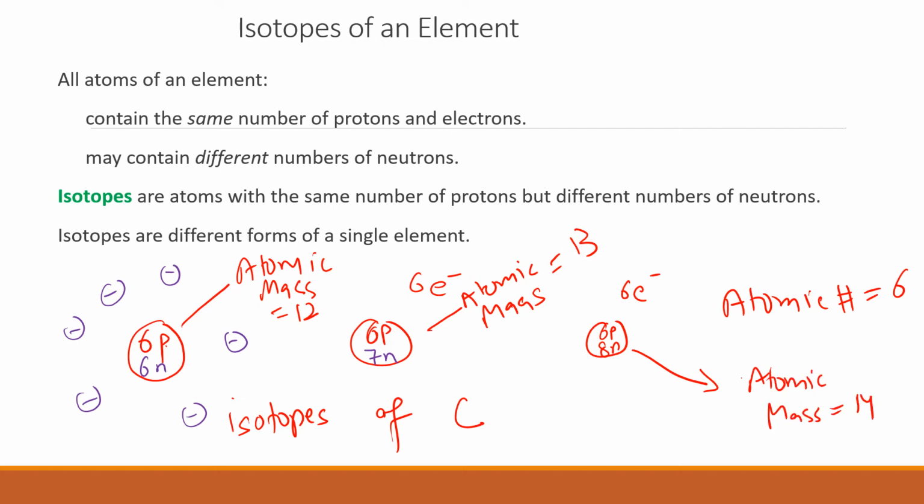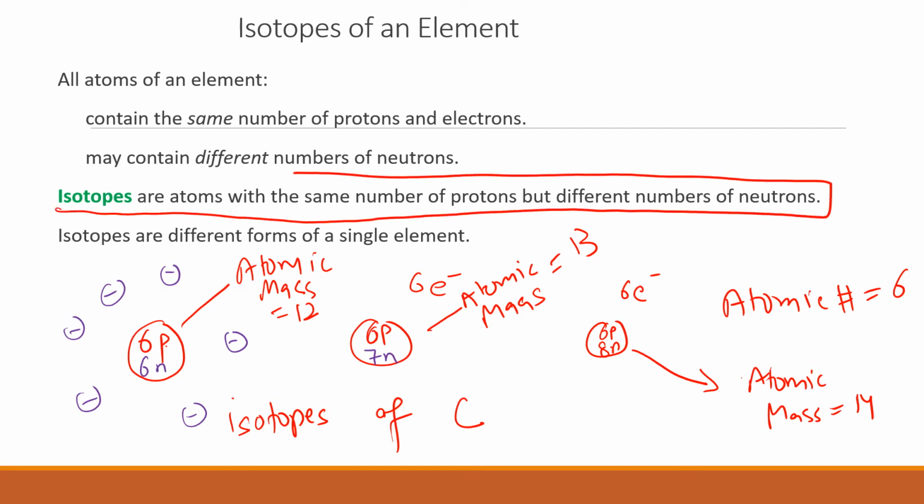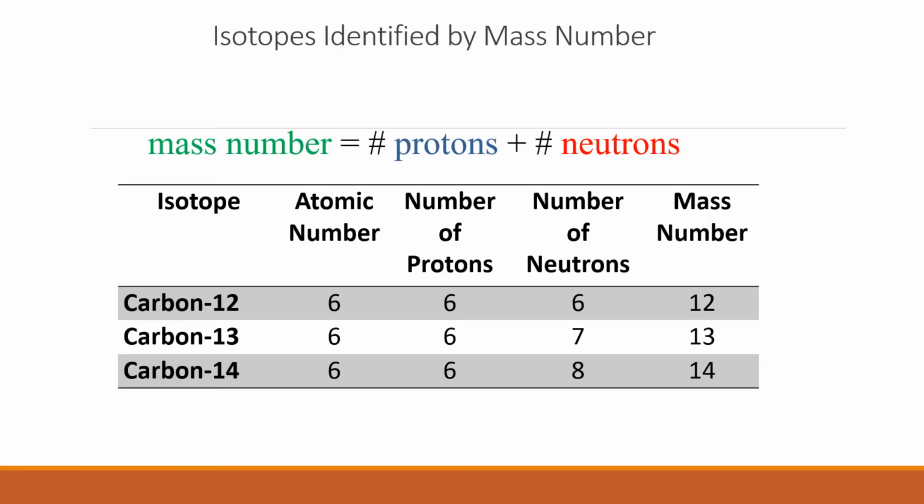So we can say that isotopes are those atoms which have the same number of protons but a different number of neutrons. You can also say isotopes are those atoms which have the same atomic number but different atomic masses. As I explained earlier, mass number is equal to the number of protons plus the number of neutrons.